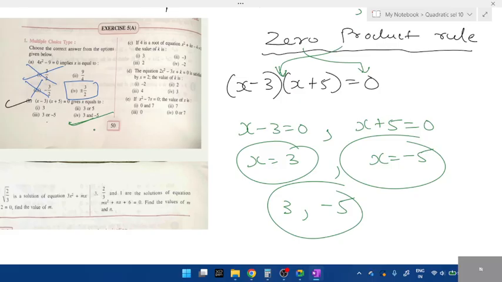Exercise 5AB, option 4, right? Yes, and. The meaning of and, I told you all in the beginning itself. Whenever degree 2 is given, it will have two values. So or meaning is option, and meaning is both.